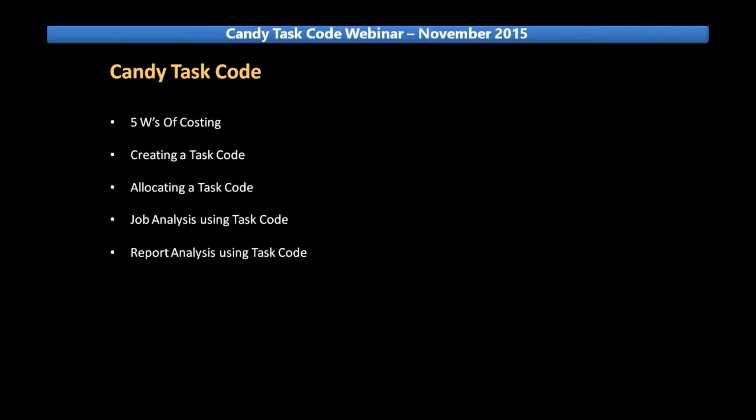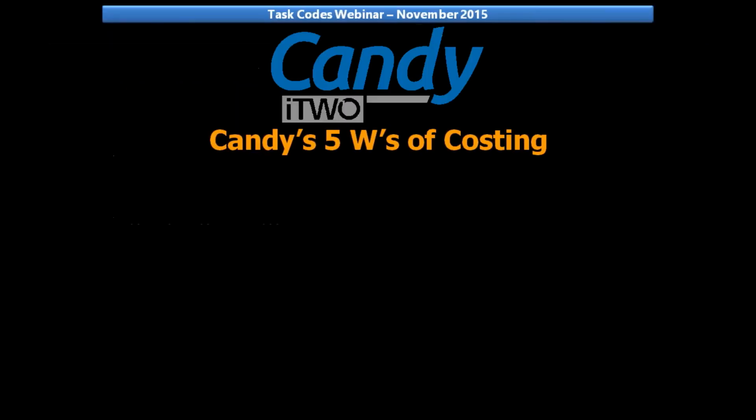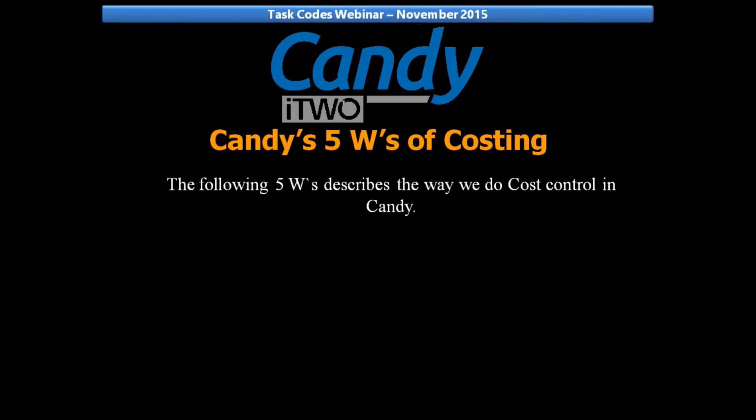So before I start to explain the Candy task code, I want to give you a frame of reference to understand exactly where the Candy task code fits in. We call that the Candy's 5 W's of costing. So the following 5 W's describe the way we do cost control in Candy.